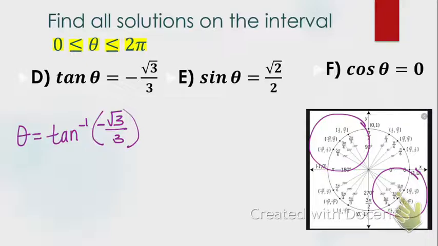So what is the inverse tangent? Well, I don't know if it was negative. It might not have been negative on the skills check, so never mind. Okay, so what angle do you think our answer is going to be? Sine divided by cosine, so how do I get that negative root 3 over 3?